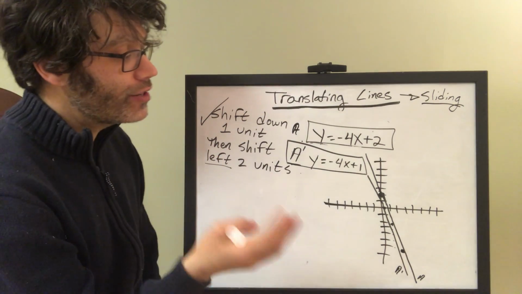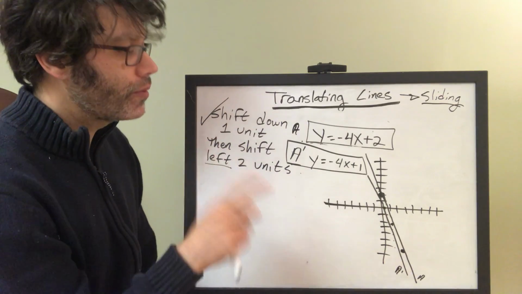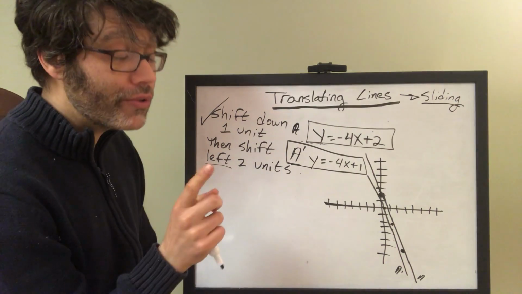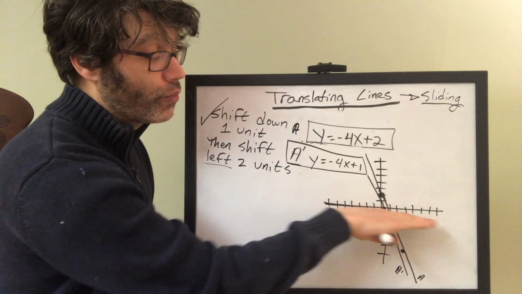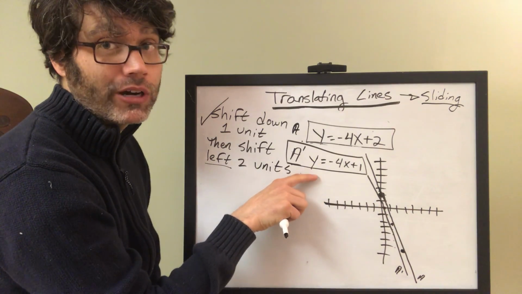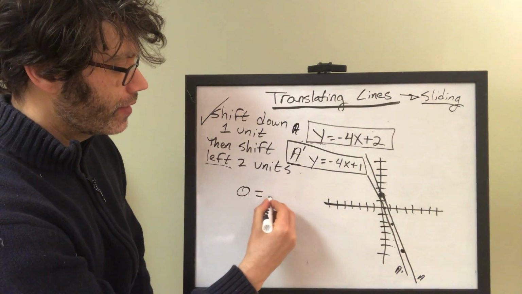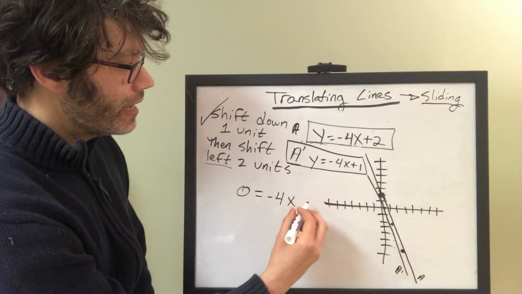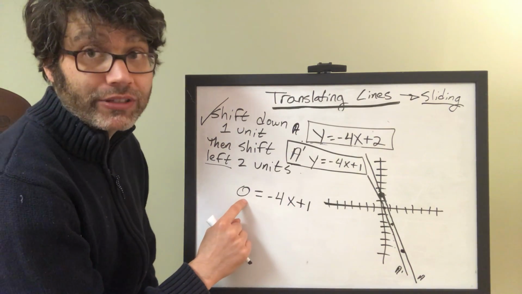Okay, so how do we find what an x-intercept is, or what a root is? Well, we know that when there's an x-intercept, the y value of that point is going to be 0. Okay, so we can plug in 0 for y, and then we've got 0 equals negative 4x plus 1. Our y value at the root is going to be 0.